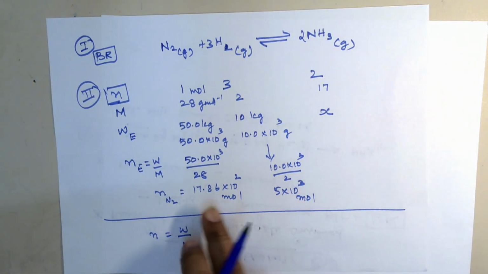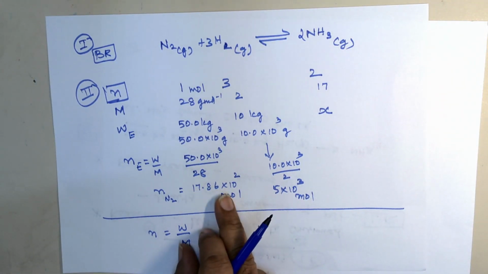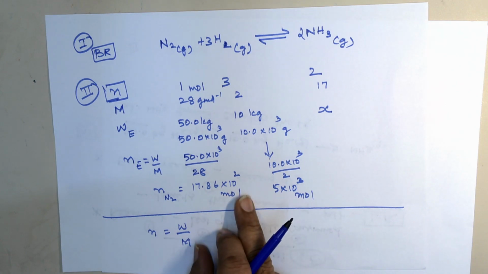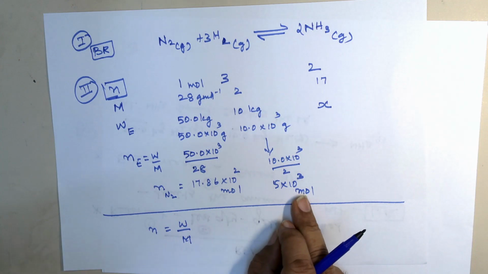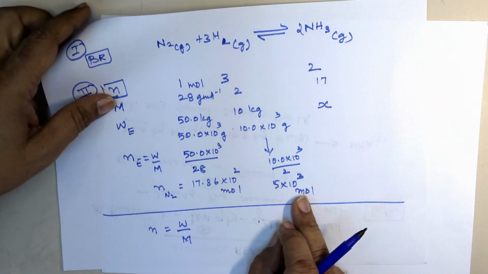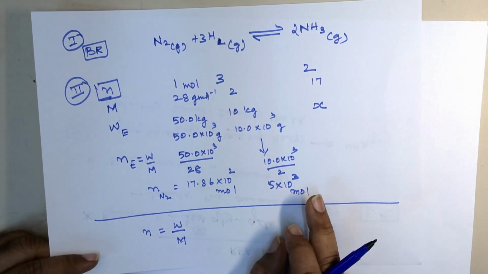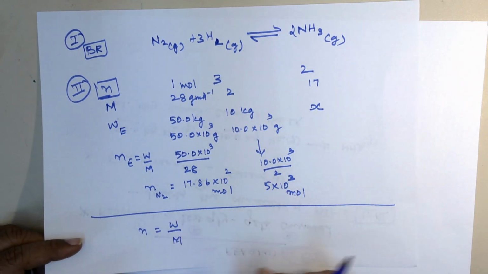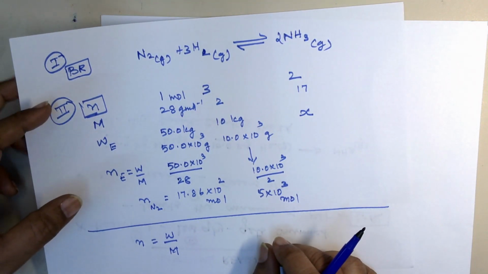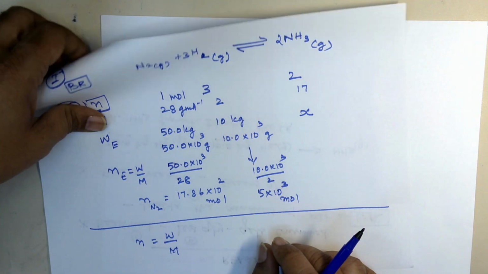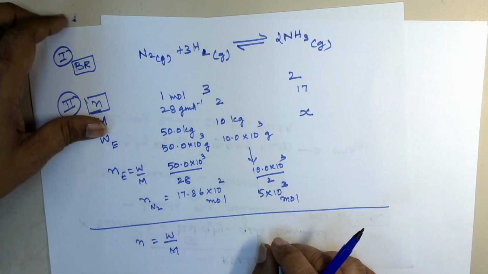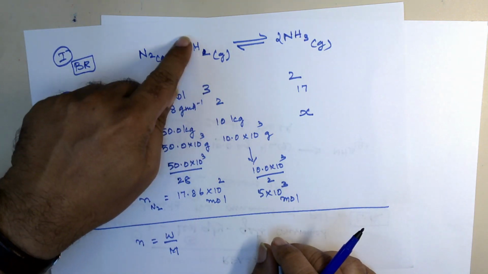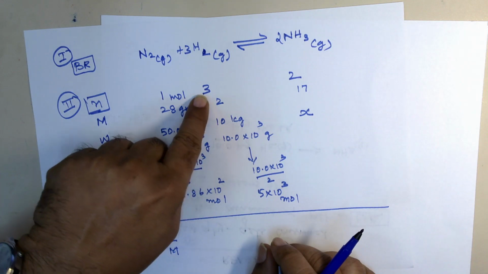From this it is clear that 17.86 into 10 squared mole of nitrogen needs 5 into 10 cubed mole of hydrogen. Now listen. You have the nitrogen, 17.86, and it should actually require 3 moles.